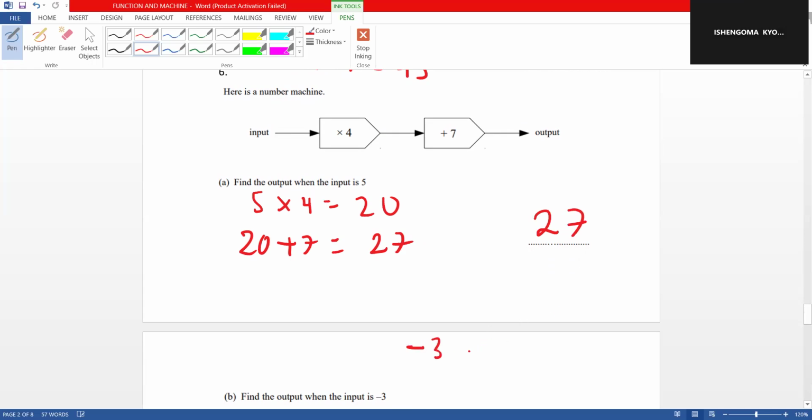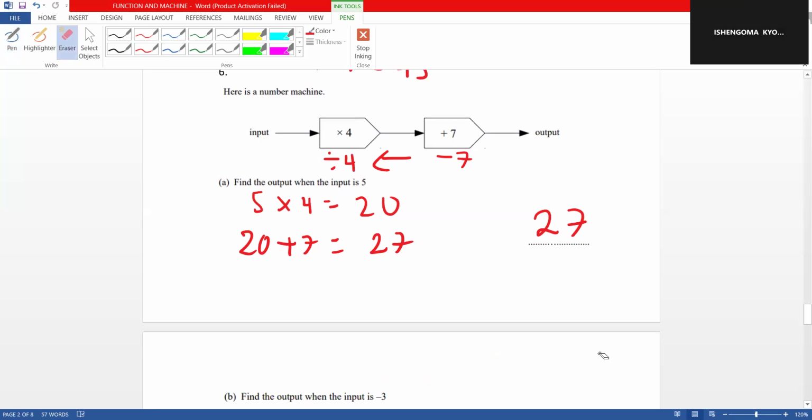B, we are given, so if our output is minus 3, do the opposite act of plus 7, so do minus 7, and you get minus 10. Then after getting minus 10, do the opposite of times 4, which is divide by 4. Right? Are we together? Let's get clear.